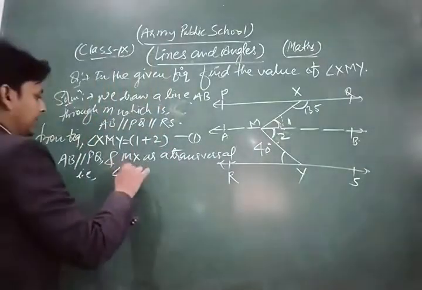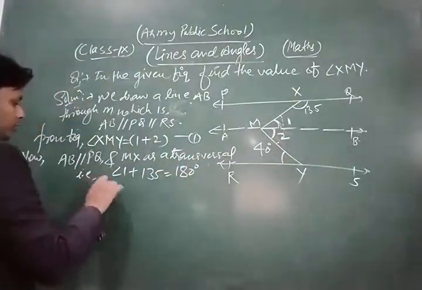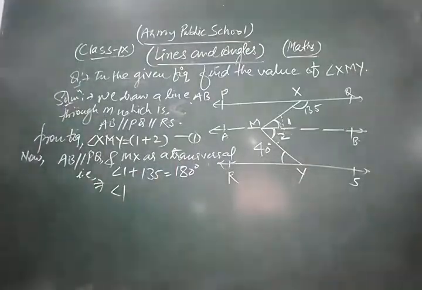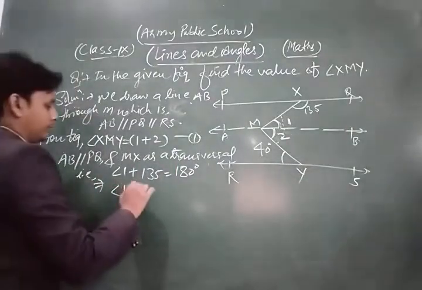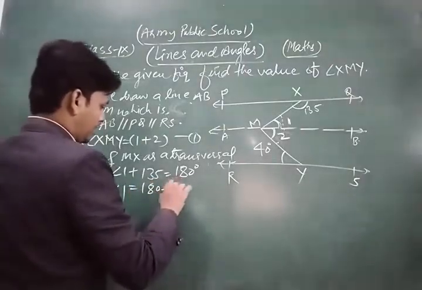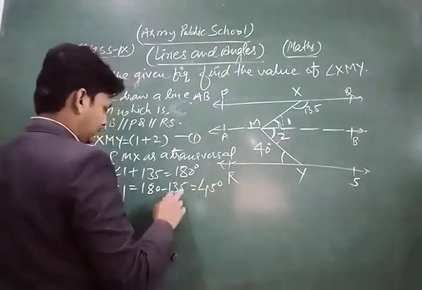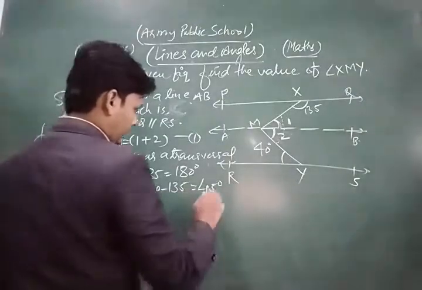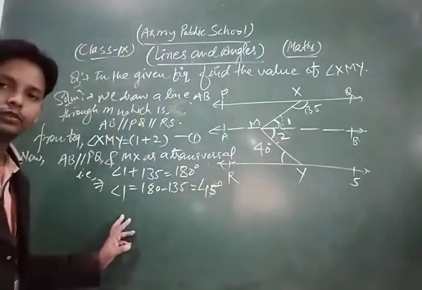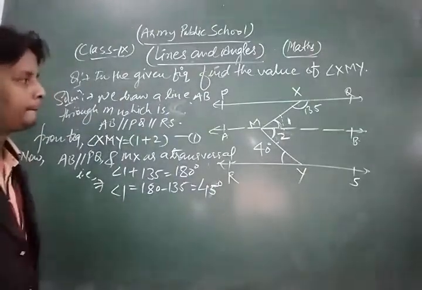So their sum of measure is angle 1 plus 135 is equal to 180 degrees. So from here angle 1 is equal to 180 minus 135, that is 45 degrees. So angle 1 we find is 45.